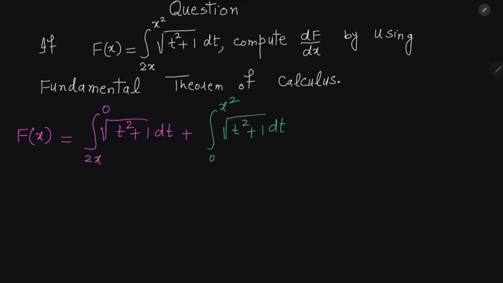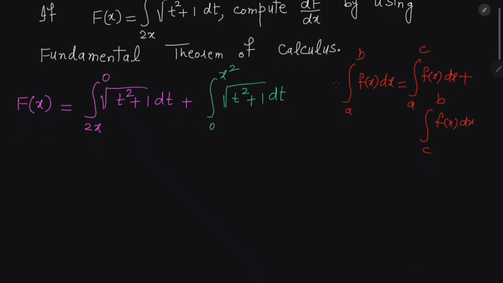What we did is use a property of definite integrals: if we have the integral from a to b of f of x dx and there is an intermediate point c in the domain, you can write it as the integral from a to c of f of x dx plus the integral from c to b of f of x dx. So we use this property on this integral.